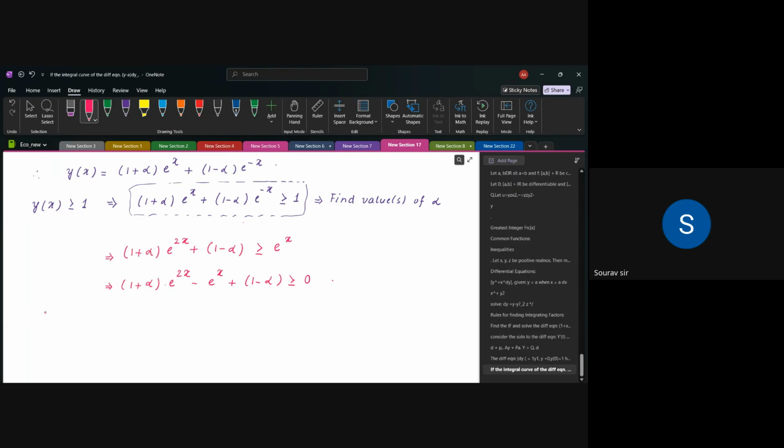Now let's say if I just use a simpler notation, this might look a little weird. If you substitute e to the power x as, I don't know, maybe some p, what do you get?